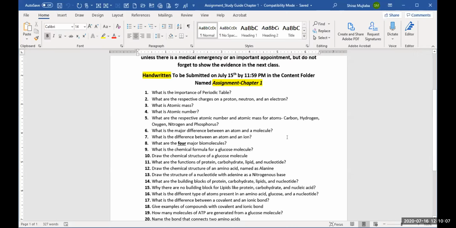So the first question is, what is the importance of the periodic table?